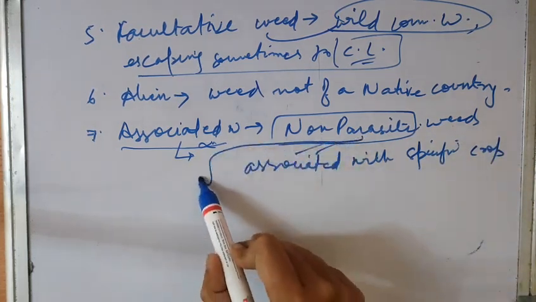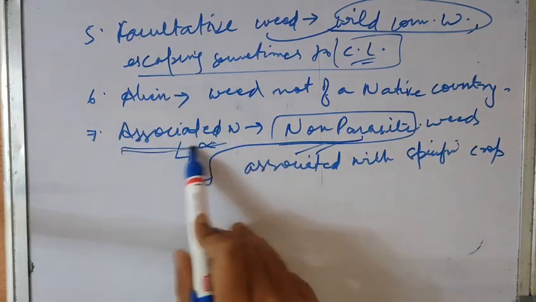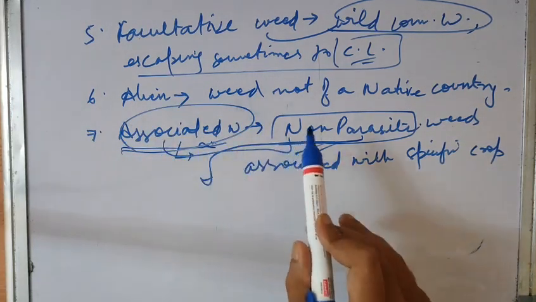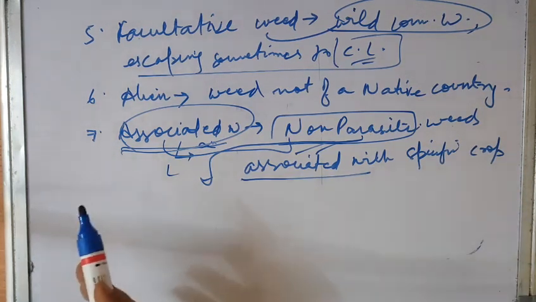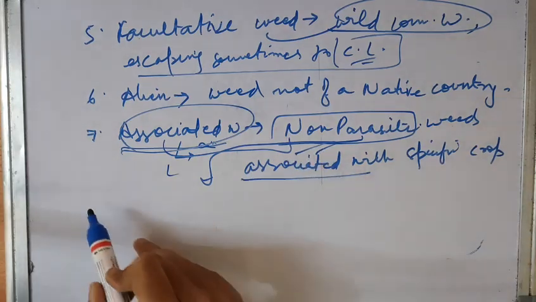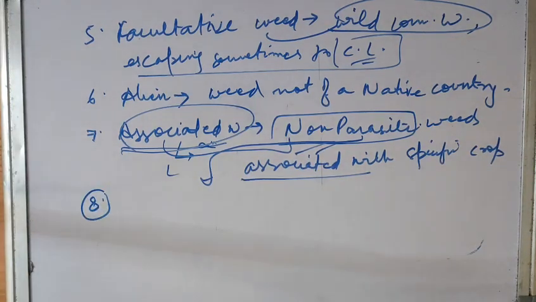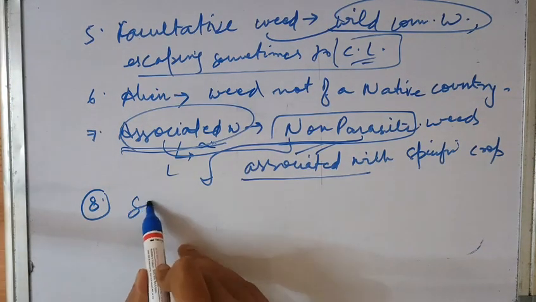Parasitic weeds depend on the crop for survival, but associated weeds don't depend on the particular crop for survival, although they are seen mainly with some crops. Hope you understand it.